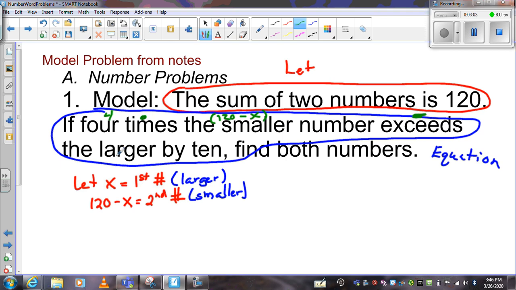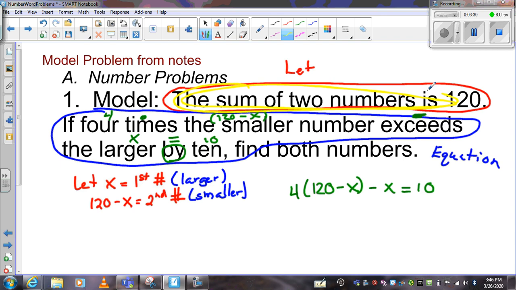The larger number happens to be x, and over the word by, we'd put an equal sign, 10. So your equation would be 4 parentheses 120 minus x, minus the larger, equals 10. And we would solve this equation and get our answer. That would be very difficult for some if you don't remember the sum of two numbers trick.